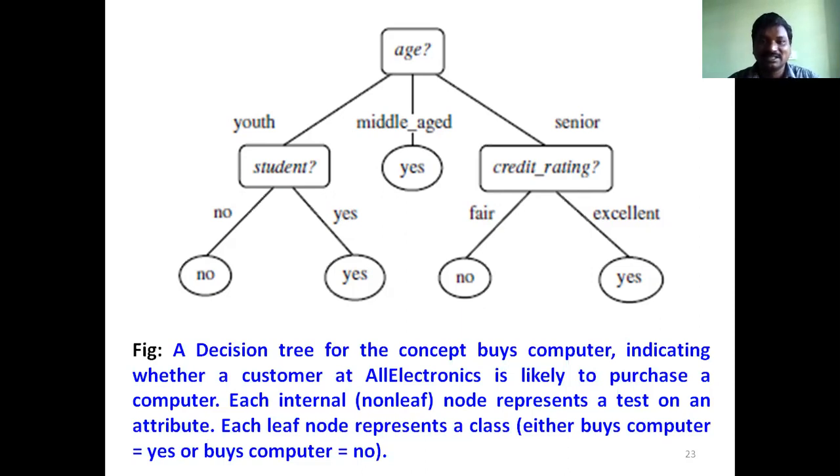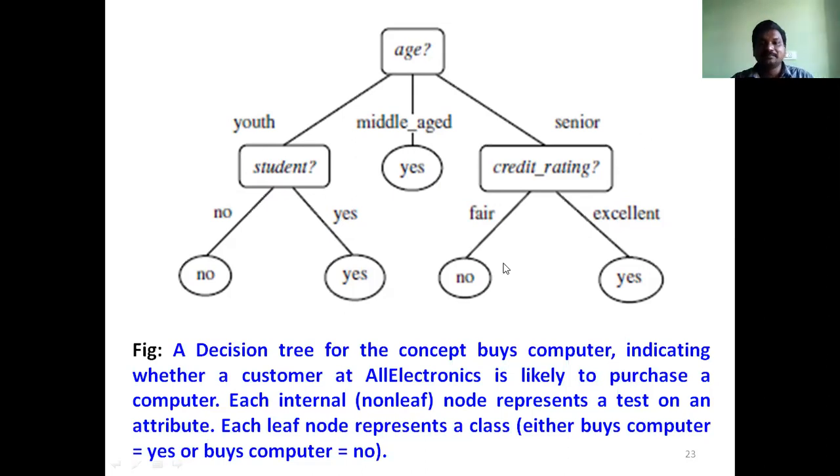Whichever attribute has the most information gain, you select that attribute first as the root node, and then again select the attribute having the most information gain as the sub-branch root node. Each and every node is a root node for its sub-branch. For this sub-branch, the root node is student. For this sub-branch, the root node is credit rating.